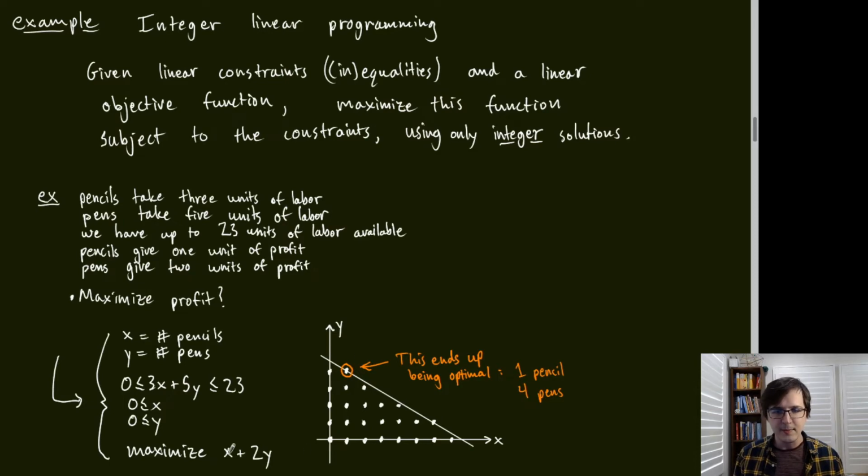If we want to maximize x plus 2y, it turns out that 1 pencil and 4 pens is optimal. If we were able to make fractional pens and pencils, then that's the point that would optimize everything. But that's 0 pencils and 4 and a little extra pens, so that is not something that we can produce.